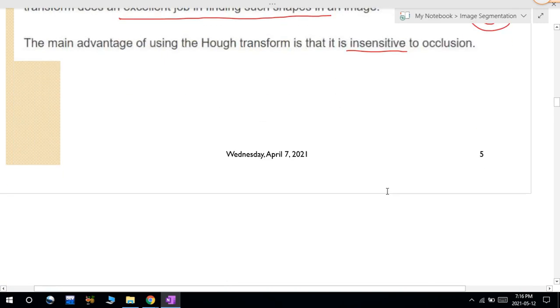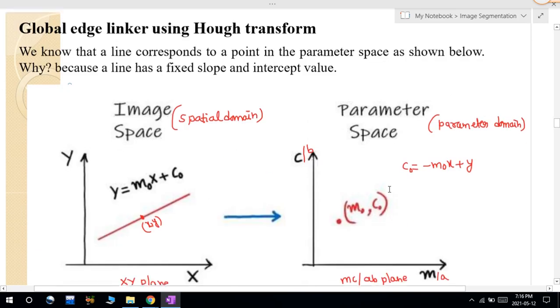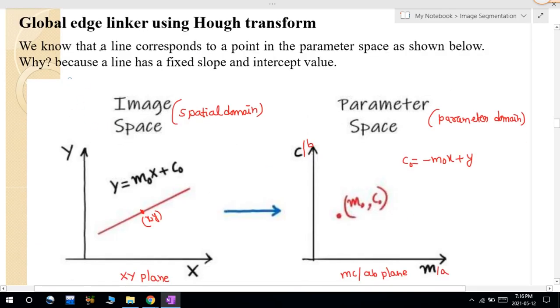Next, if you want to know about global edge linking using Hough transforms, you have to know some terms like what is image space and what is parameter space. A line corresponds to a point in the parameter space.